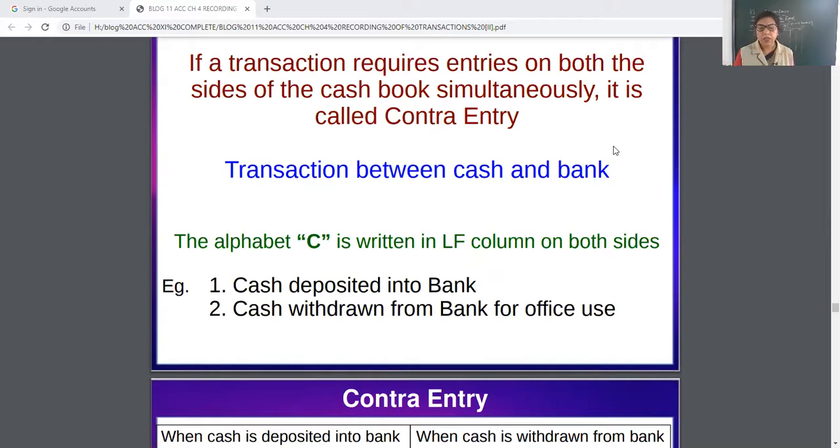Please note down what is the symbol for contra entry. The symbol for contra entry is C. C in the LF column shows that it is a contra entry and it is recorded at both the sides.